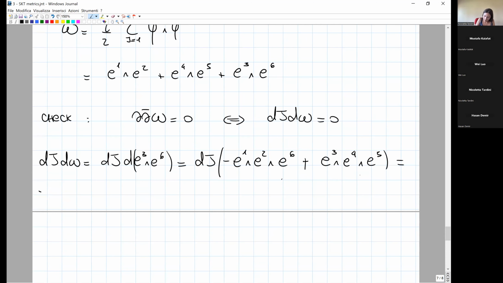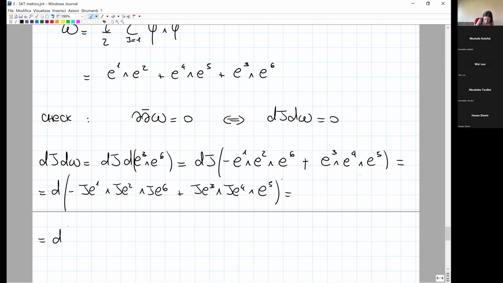So now I have to apply J. So this is d of J. So minus J is applied to each element plus J e3, wedge J e4, wedge J e5. But J of e1, e2 is exactly e1, e2, because 1, 2 was preserved.